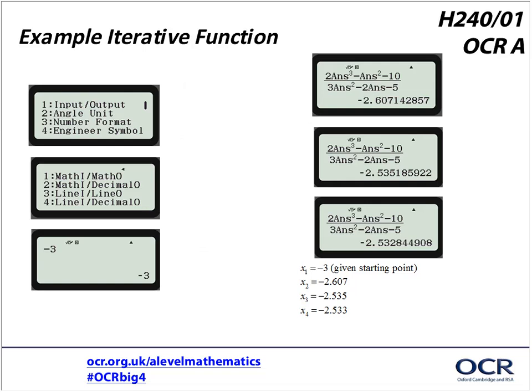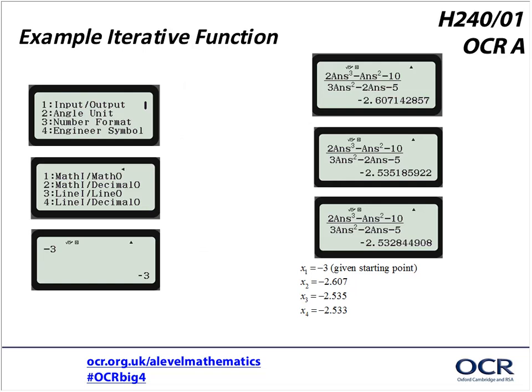And here is the display for the Casio. One of the extra features that the Casio has is that you can actually specify the input format and the output format.